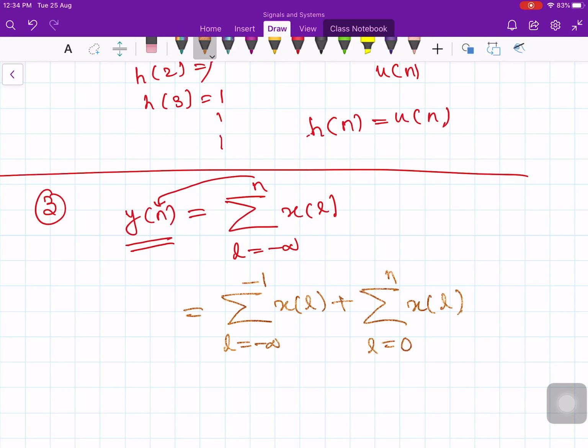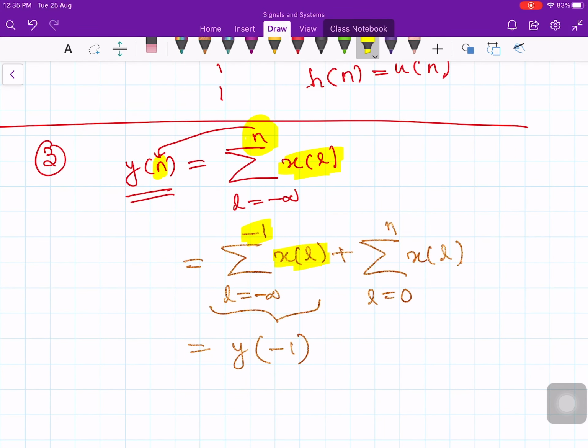Now what is this by definition? Here the upper range is n, with the same argument. Similarly here the upper range is minus 1, and here also I have x of L. Therefore instead of calling it y of n, I may call it y of minus 1. Why? Here I have minus 1 and here also I have minus 1.